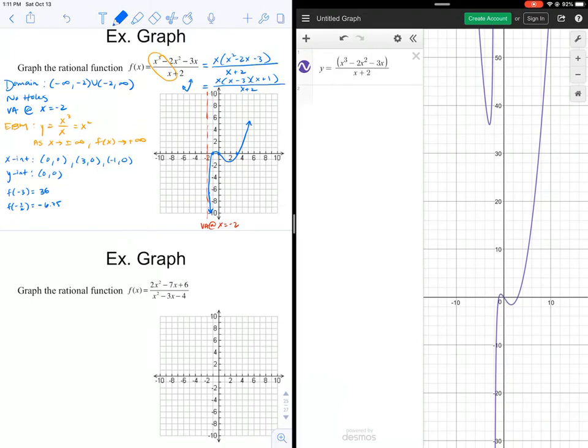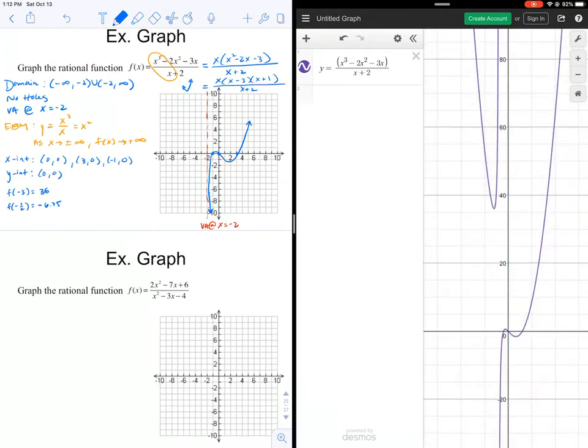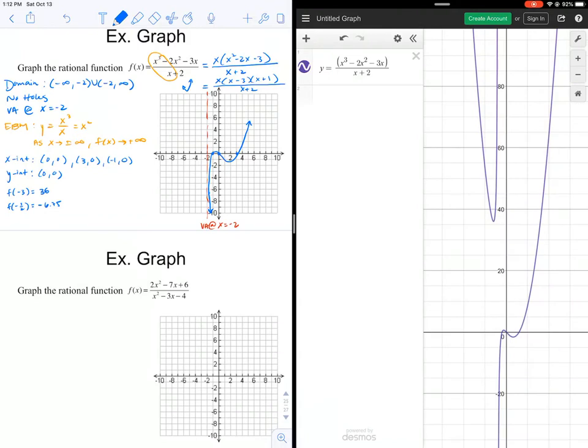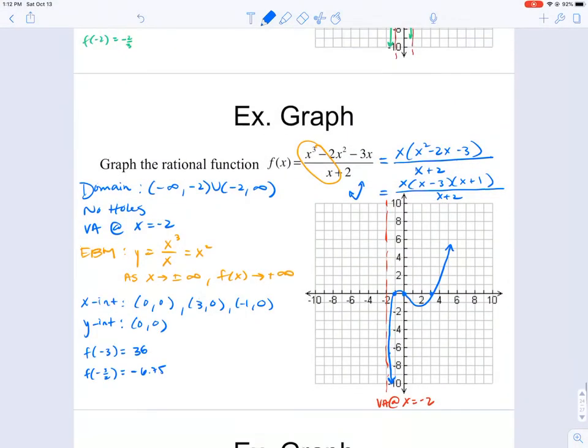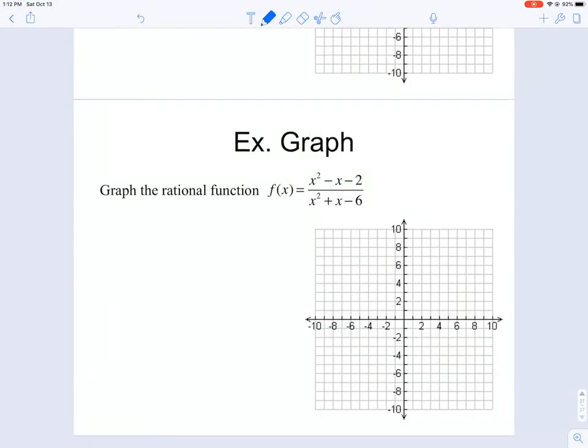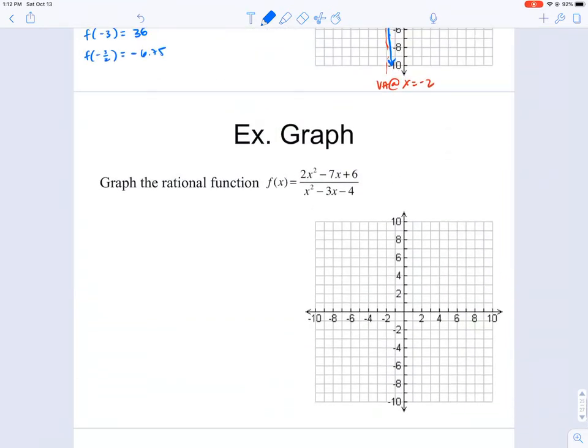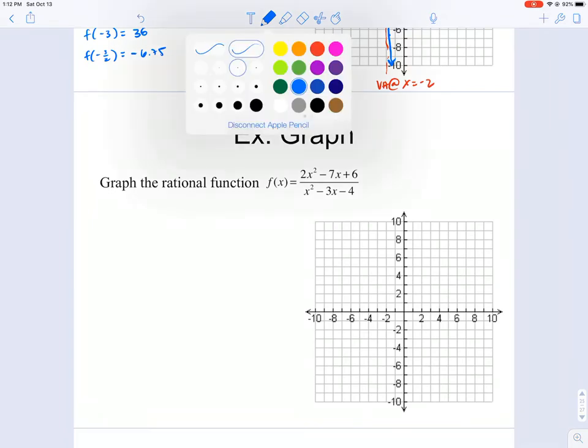That was actually pretty accurate. Yeah, not too bad. Although I would not give you one like this on a test where you have to really find so many test points to figure out what's going on with it. That was not very nice. Okay, so let's look at this guy. I don't know if I'll go through all of these. Maybe I'll make a separate video because this is getting kind of long.